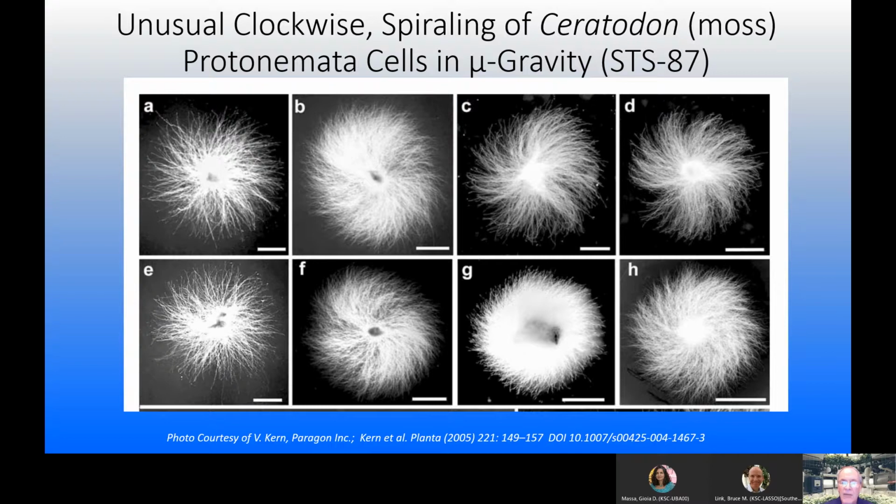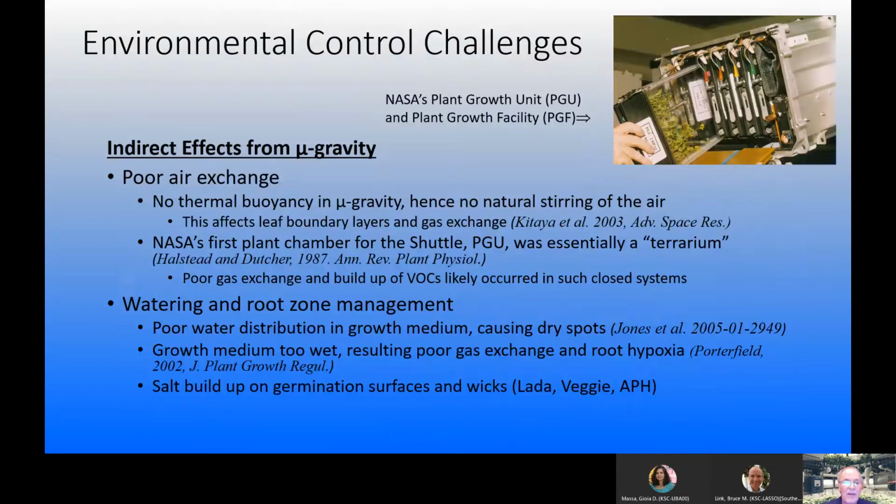And other related phenomena like roots sort of deflecting or skewing in one direction has been observed by groups, Anna-Lisa Paul's and Rob Ferl's group at the University of Florida, and likewise John Kiss's group. So some interesting phenomena that occur in these odd settings of microgravity.